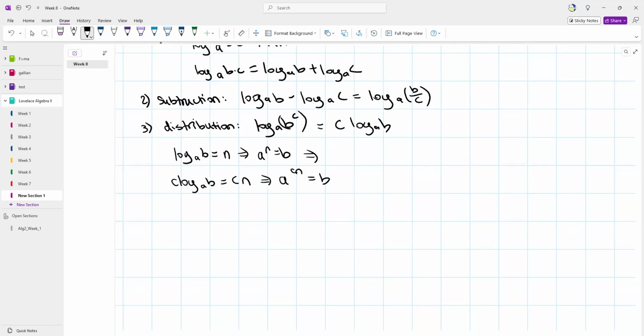So by substitution, you have a to the power of cn. And then this means that a to the power of n, to the power of c, is equal to b to the power of c. So a to the power of cn is equal to b to the power of c.